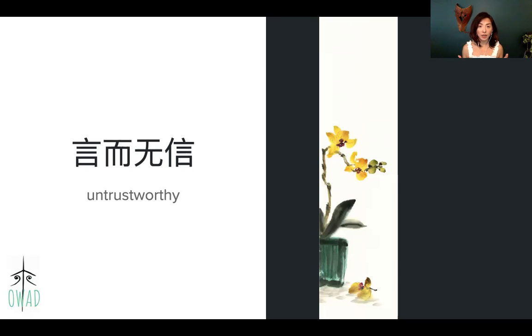Maybe we cannot interpret their intention that far, but at least this is an upright person and you can trust them. So 言而无信 is the opposite. They are not orchid-inspired. They are not conforming to that image or moral requirement of a person who is supposed to be trustworthy.